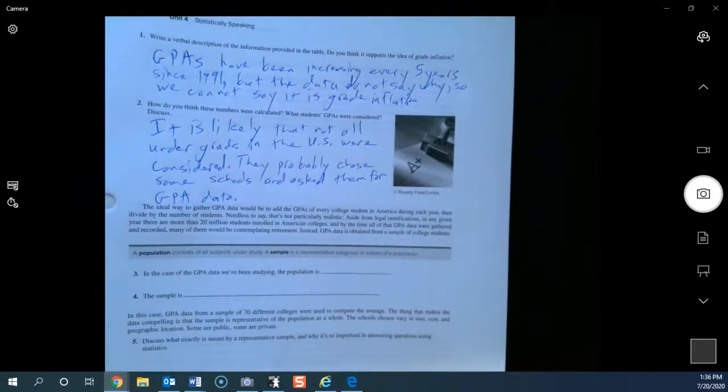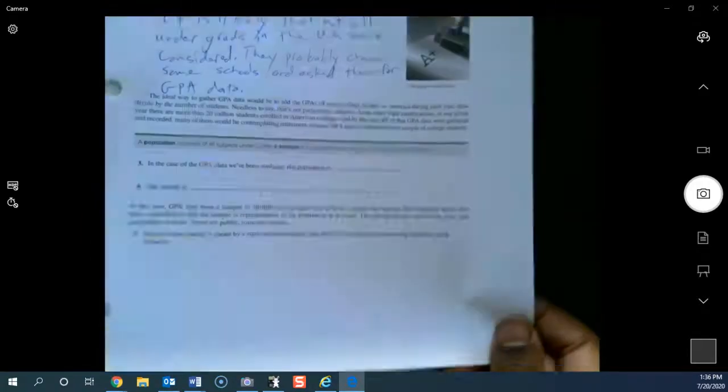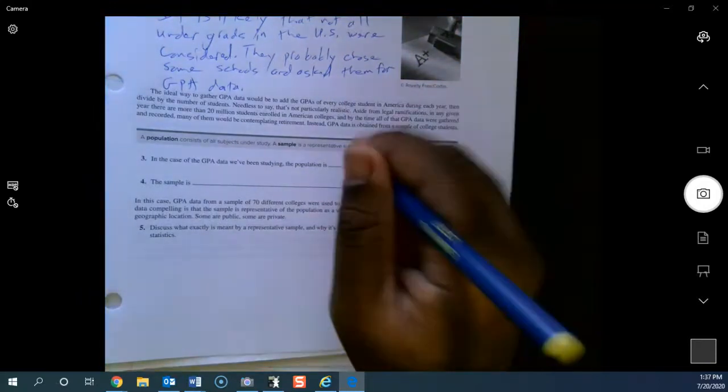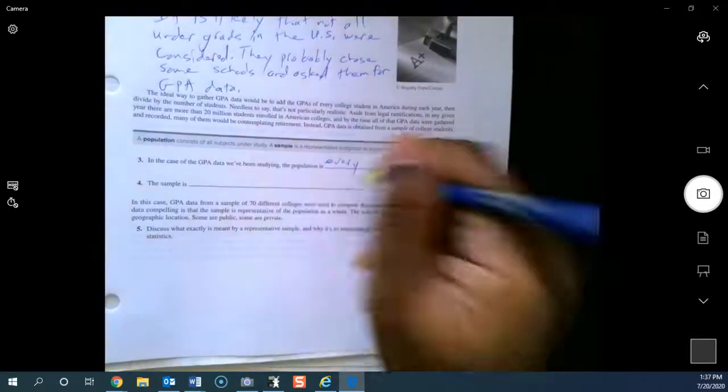Okay, now, it says here, population consists of all subjects under study. A sample is a representative subgroup or a subset of a population. So that's very important. Because in a lot of things in statistics, you're going to use samples. Okay, now, in the case of the GPA data we've been studying, the population is every college student.